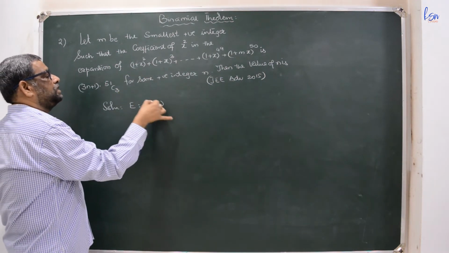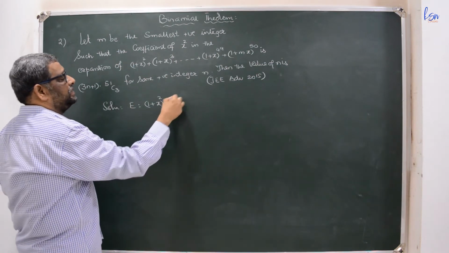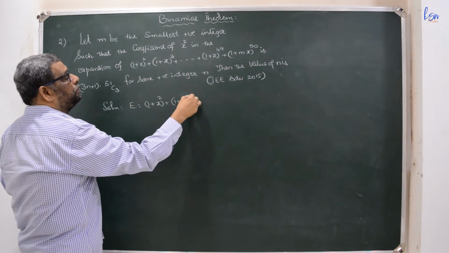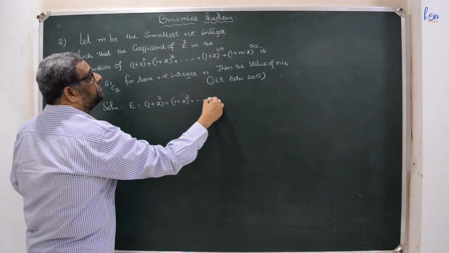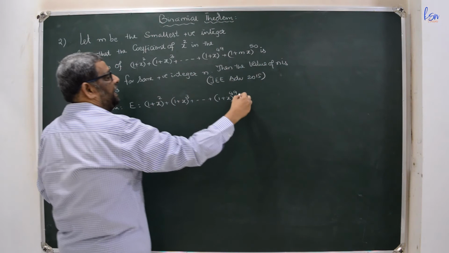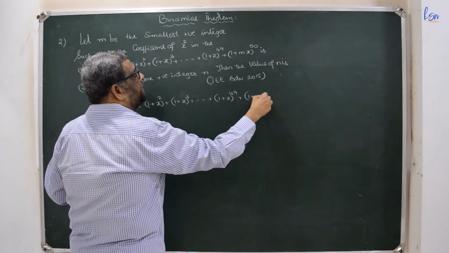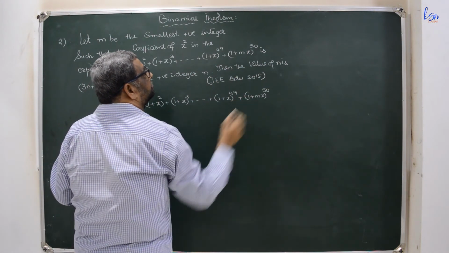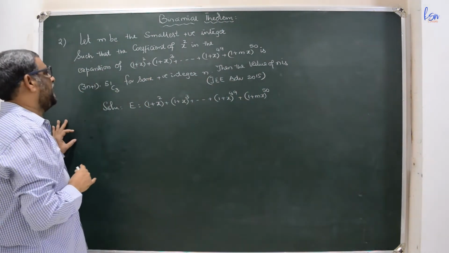(1 plus x) whole square plus (1 plus x) whole cube plus so on plus (1 plus x) whole power 49 plus (1 plus mx) whole power 50. This is the given expansion.